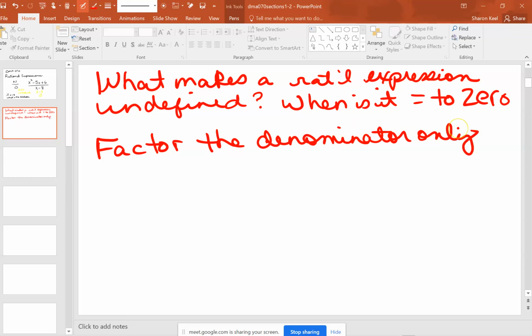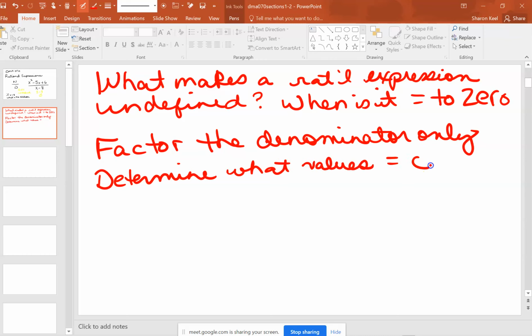We do not have to worry about the numerator. The numerator can be 0 all day long and it's fine because the answer will be 0. But we can never have 0 in the denominator. After you factor the denominator only, determine what values make it equal to 0.